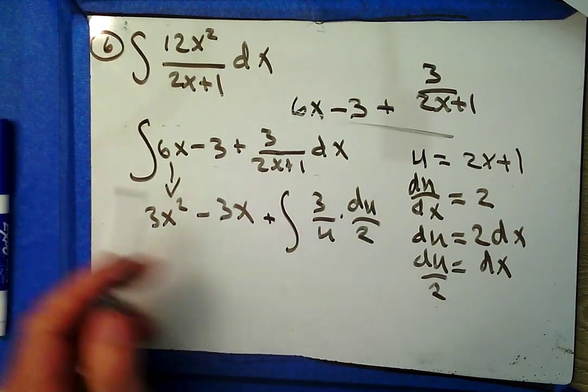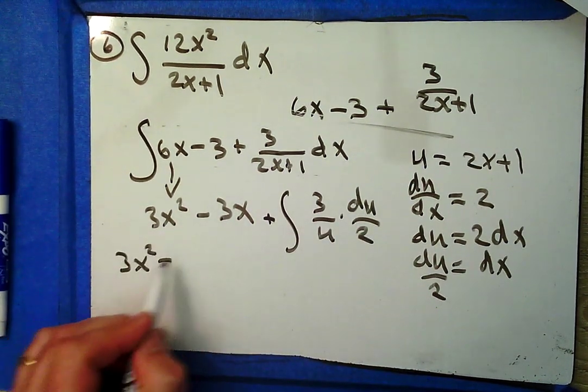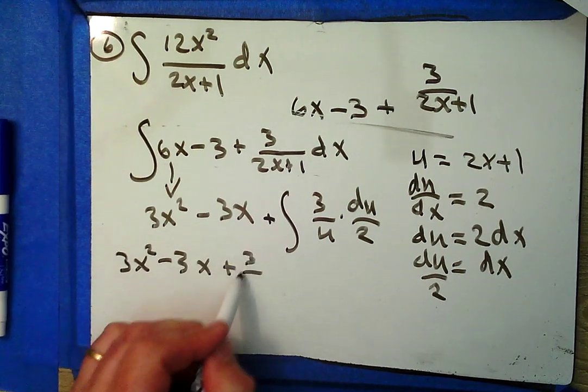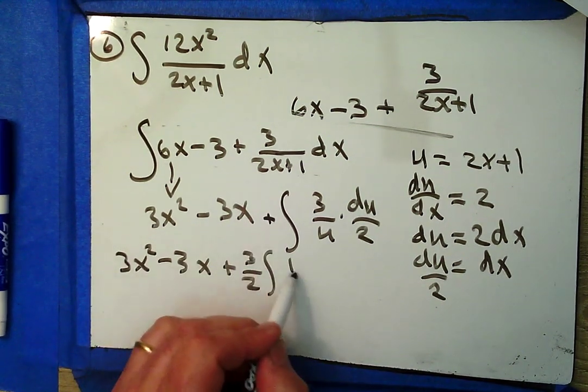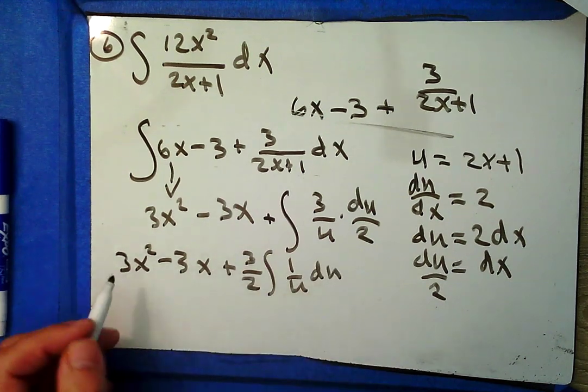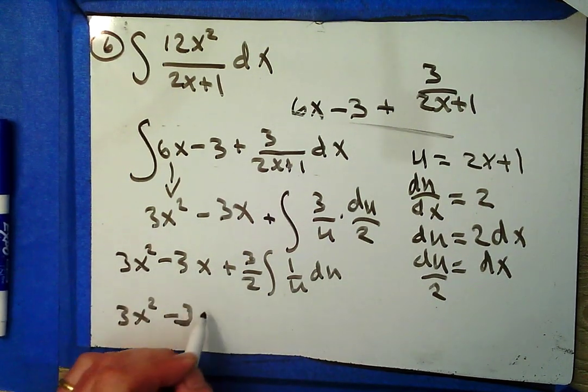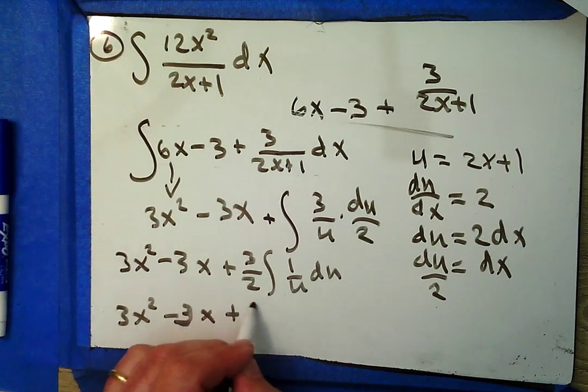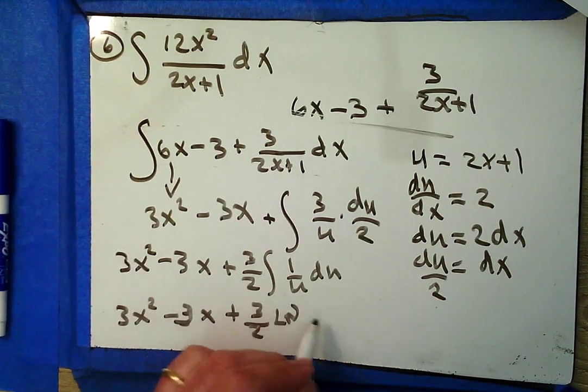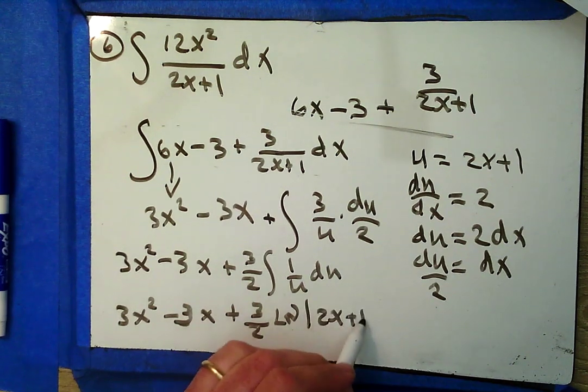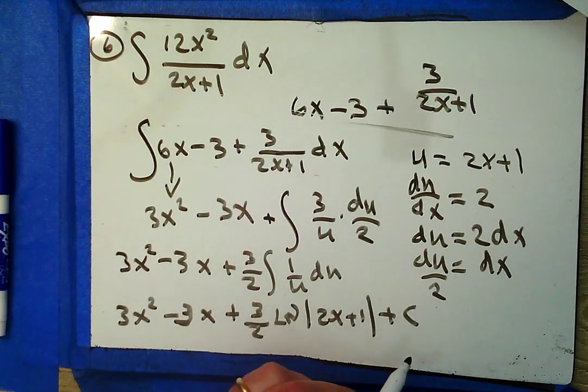I'll pull these constants out. 3x squared minus 3x plus 3 halves integral of 1 over u du. And then I can see that I get 3x squared minus 3x plus 3 halves ln of u, and our u is 2x plus 1. Don't forget the plus c.